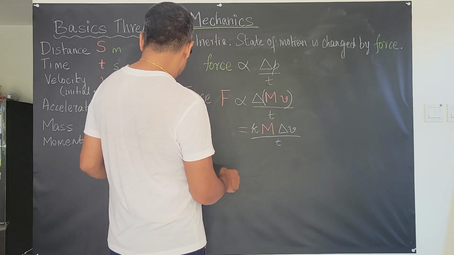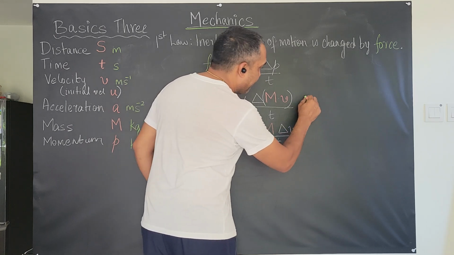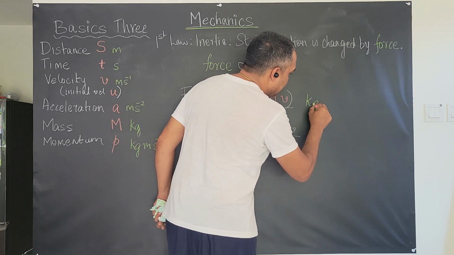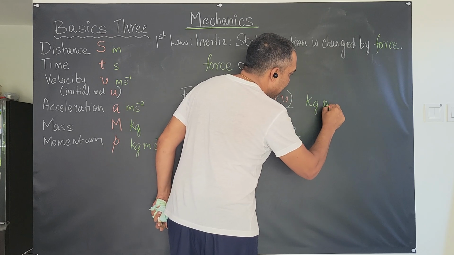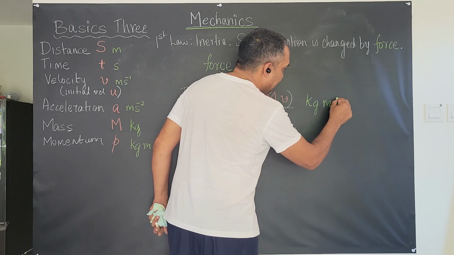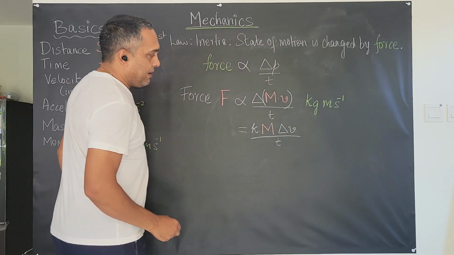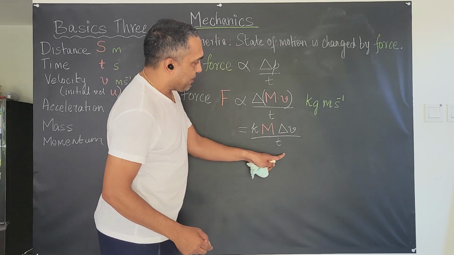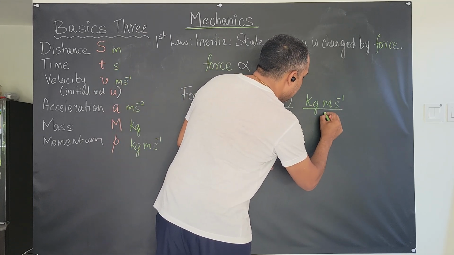Momentum is basically, I'm going to go back to green, kilogram from the mass, meters per second comes here, right? We know that. When we bring this down here, we know that this is divided by second.